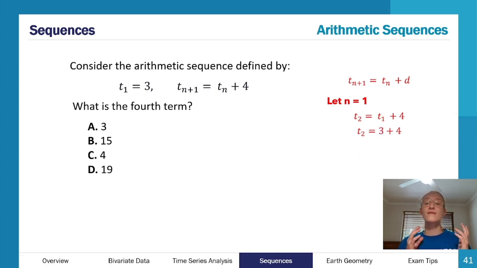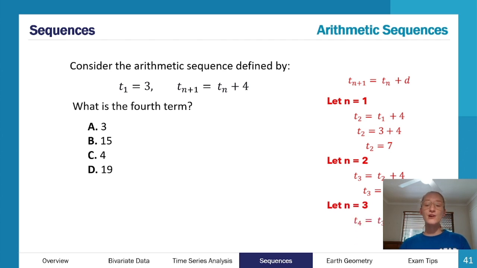Now we can substitute for t1 because we know that our first term is 3. So to find our second term, we take our first term and add 4, which gives us 7, but that's only our second term. If we let n equal 2, our third term is going to be equal to our previous term plus 4, which gets us to 11.